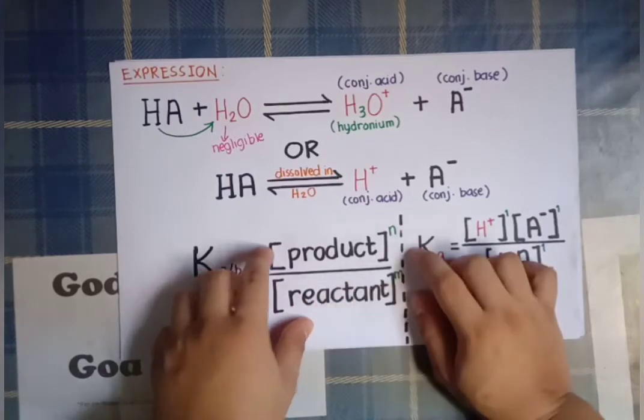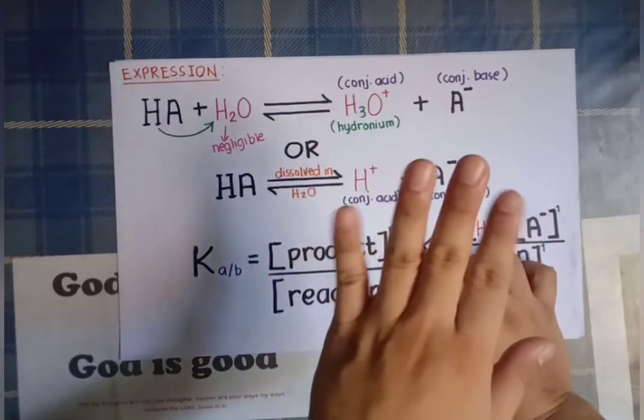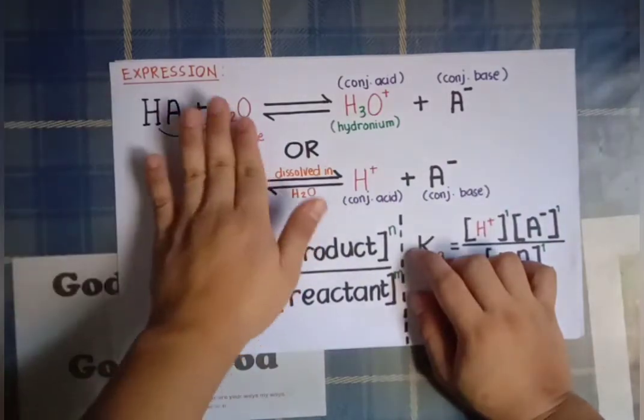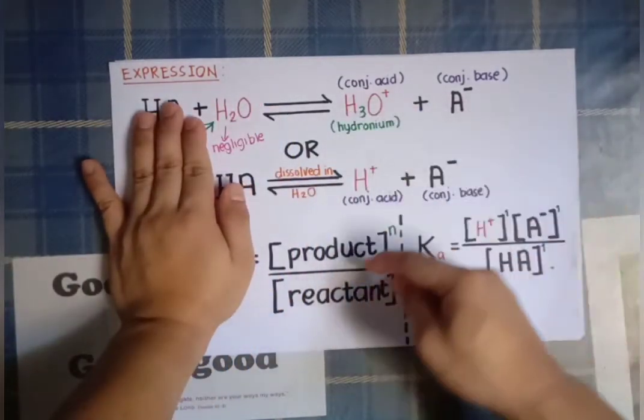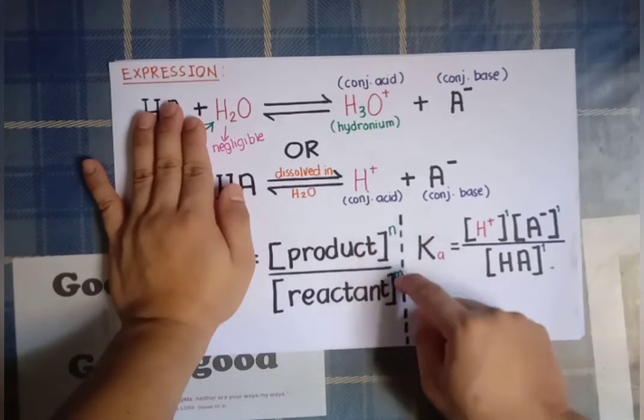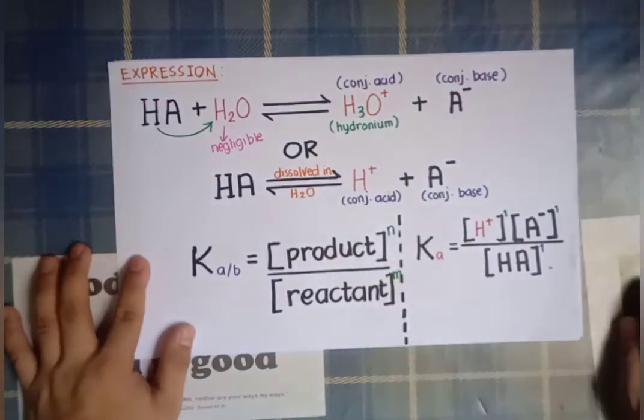In this case, the reactant is always written at the left side of the equation. So these are the reactants and these are the products. Both of them are raised to n and m. Now n and m here represent the stoichiometric coefficient, the number that can be found in front of each reactant or each product.